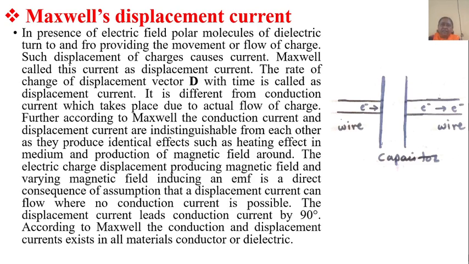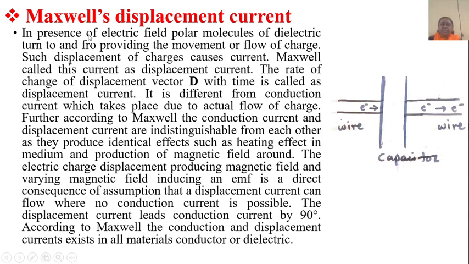Whereas there is no flow of electrons between the capacitor, but AC supply can pass through this capacitor easily just because of displacement current.